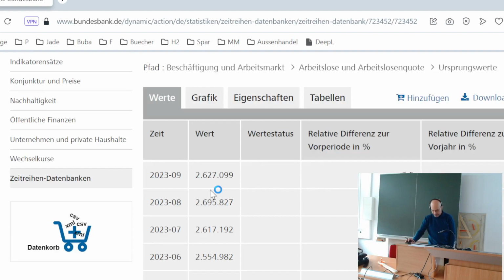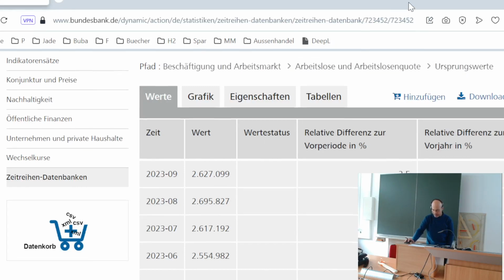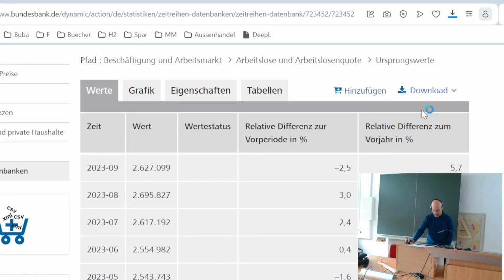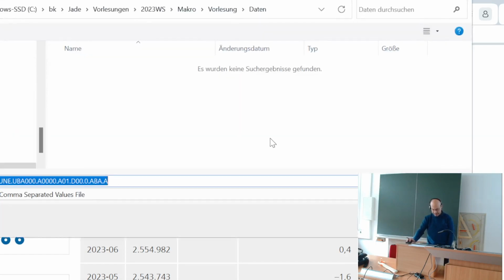This is monthly. So these are the unemployment numbers for Germany. Then let's download it. Unemployment, and these are the absolute numbers.